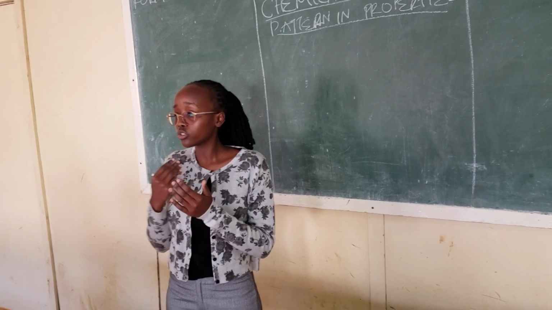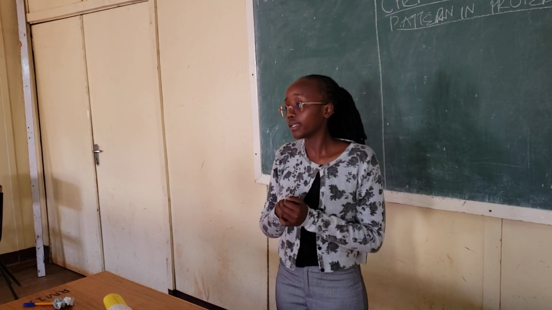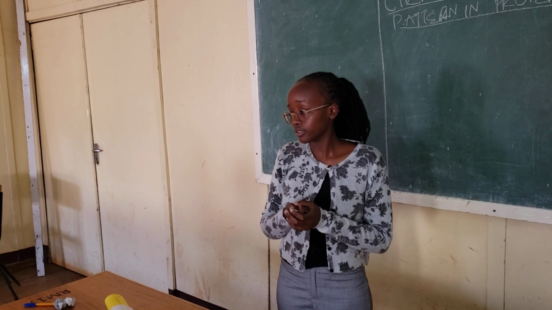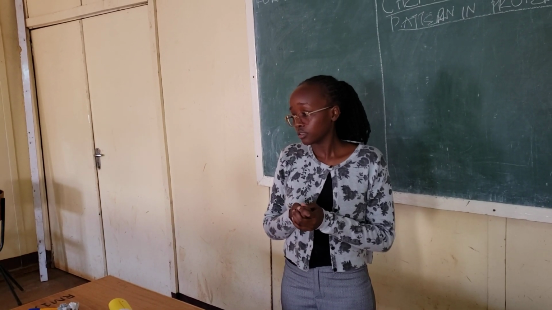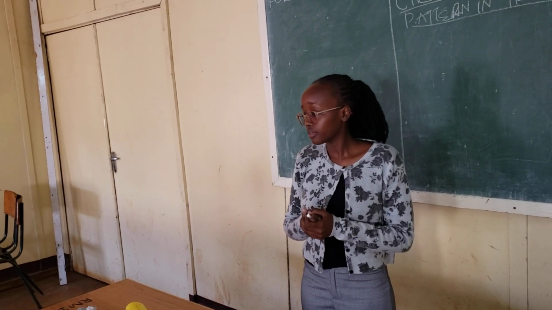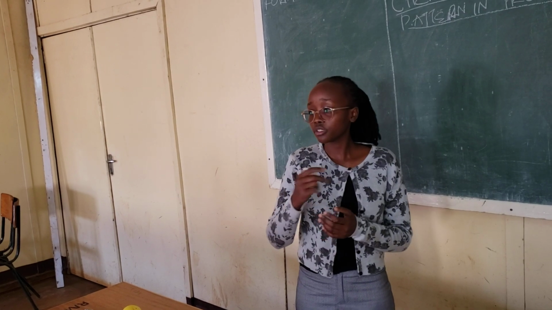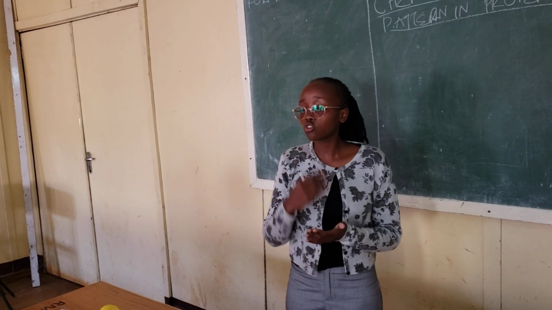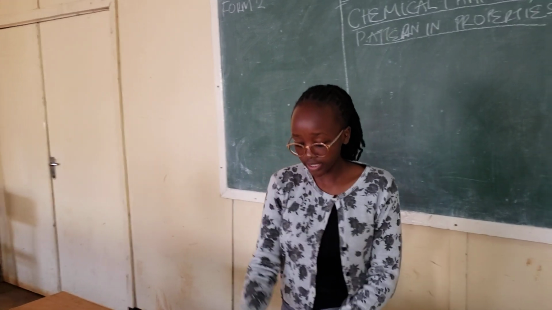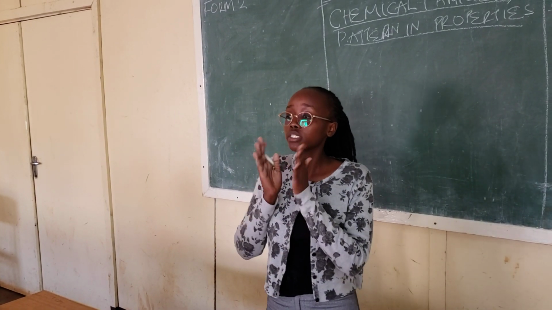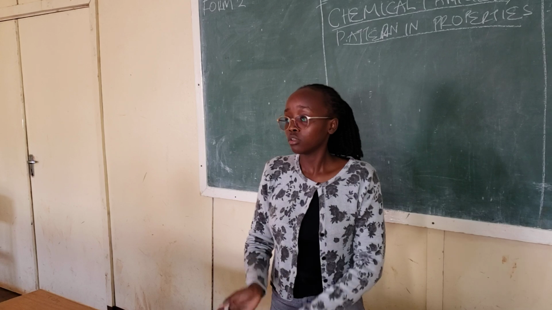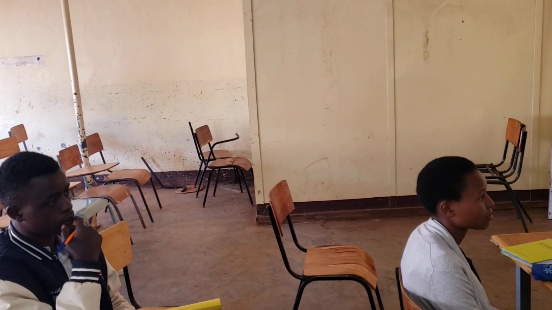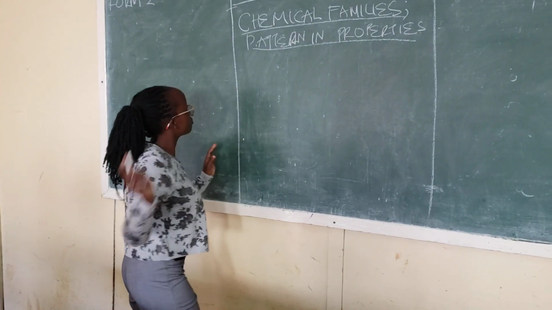Anyone who knows the alkaline earth metals? Deborah, magnesium, good. Any other metal that is in group 2 that is considered an alkaline earth metal? Beryllium. Good, that is good.